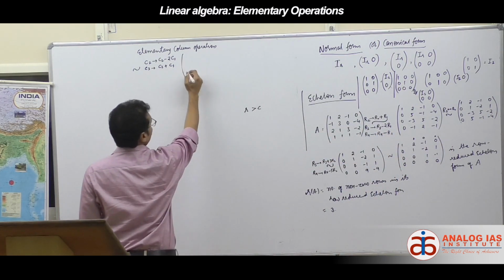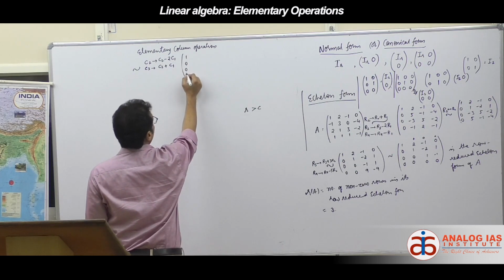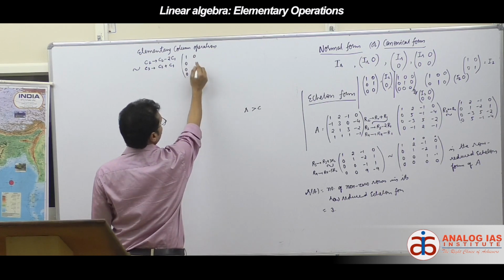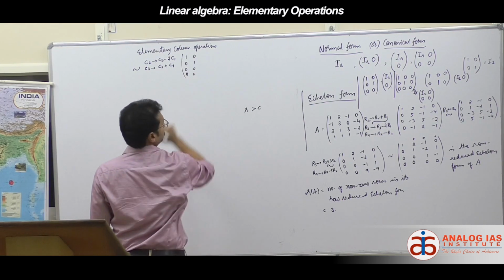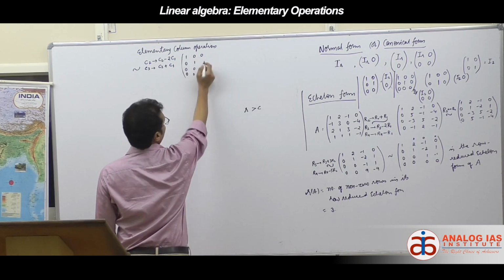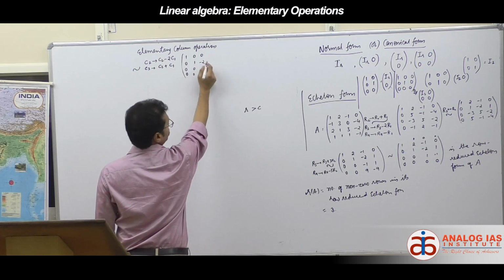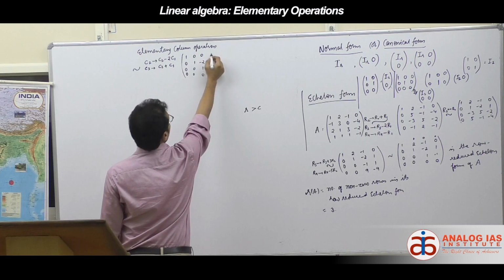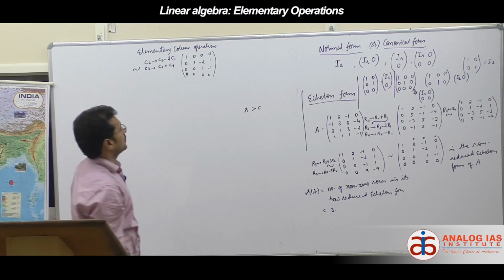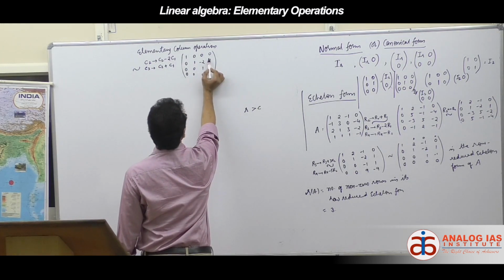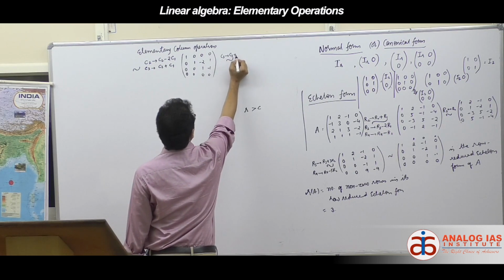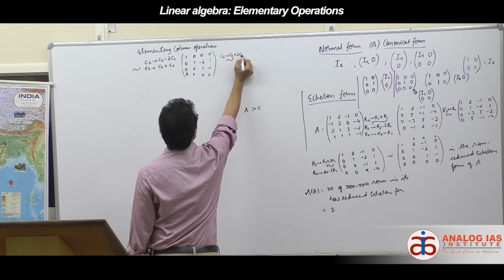So just check what happens. 1, 0, 0, 0. C2 is C2 minus 2 times C1. And then C3 is C3 plus C1. Next stage, I will convert these two into zeros. C3 is C3 plus 2 times C2.